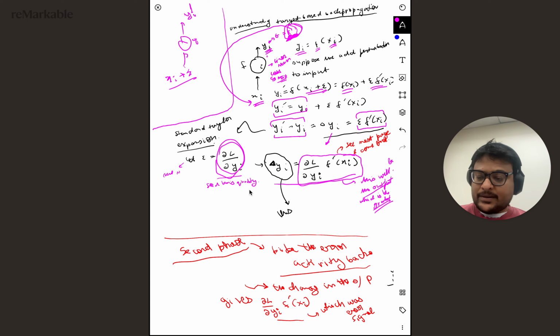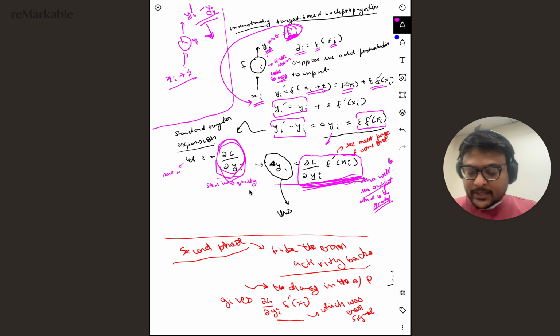You remember the old yi. So y dash i minus yi gives you this particular error signal. In this case you never computed f dash.